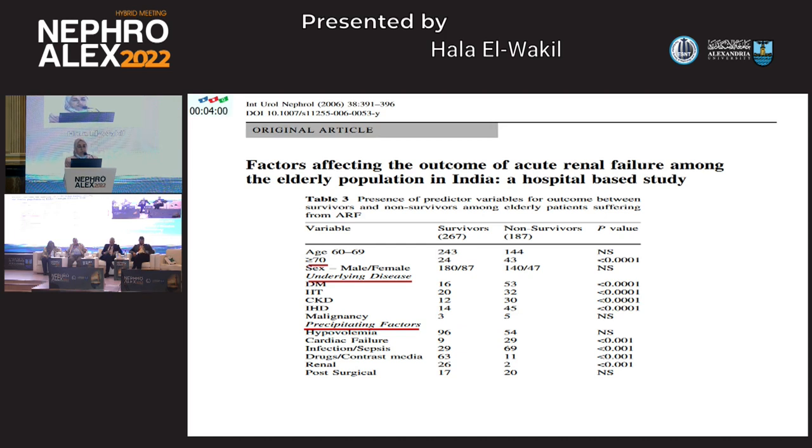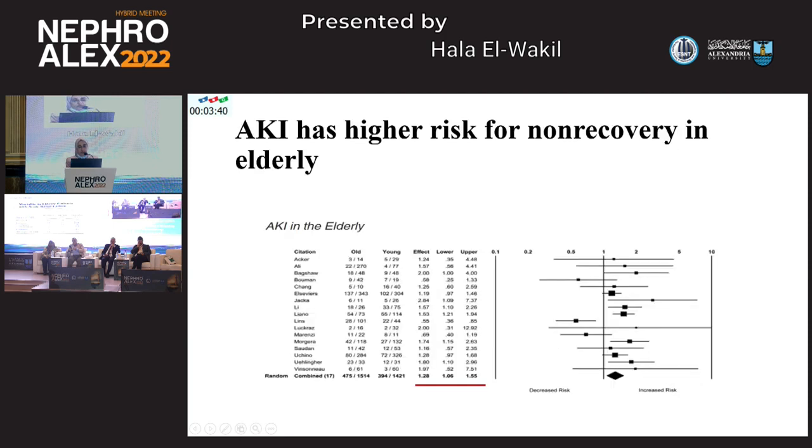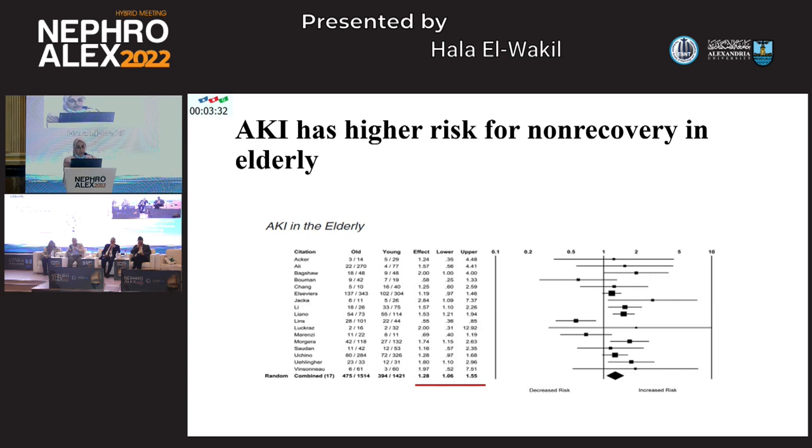Other factors that affect the survival of AKI in elderly are the underlying disease, as well as the precipitating factors like heart failure, infection, drugs, and the renal causes of AKI. And this study showed that the renal causes of AKI carry more mortality than pre-renal and post-renal.